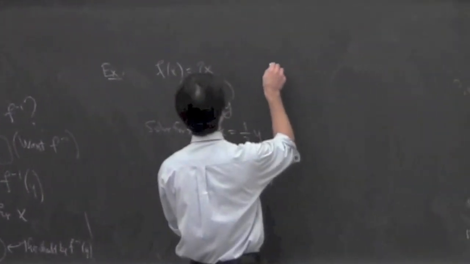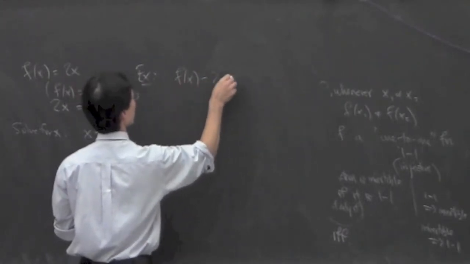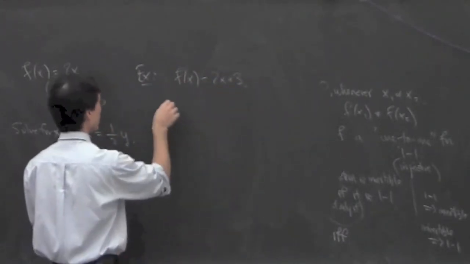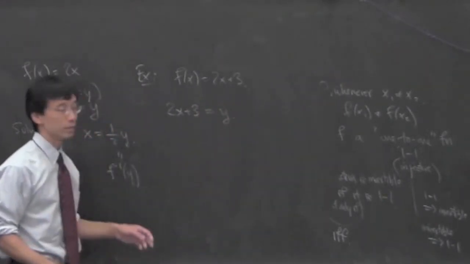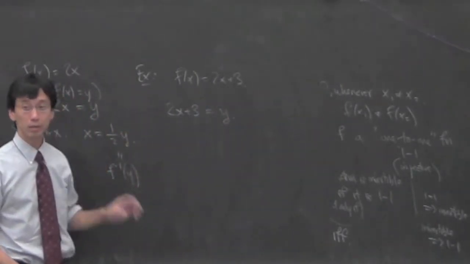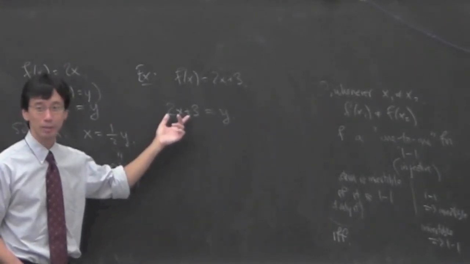The second example we did, f of x is 2x plus 3. So we take 2x plus 3 equals y, and we solve for x again. How do we get back to x? That's the question.